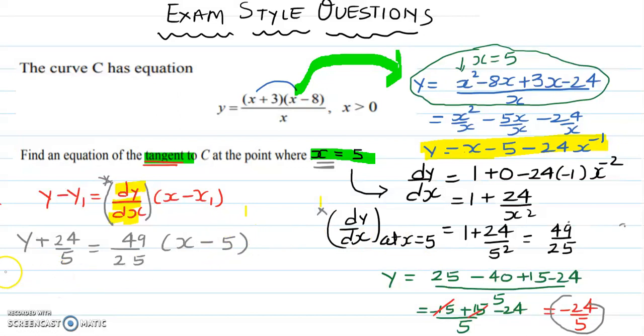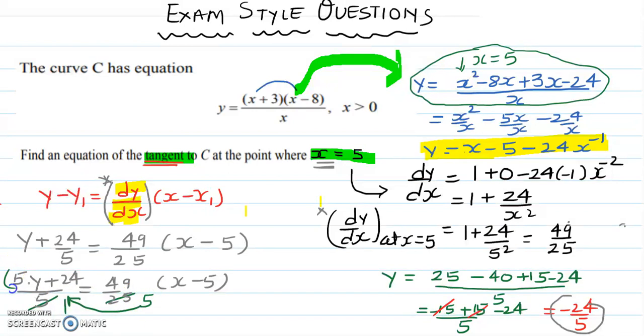If we simplify, it will be y plus 24 over 5 equals 49 over 25 times x minus 5. You can always cancel this 5 times 1 and 5 times 5. If you multiply 5 with the whole bracket, that is 5y plus 24, and 49 here, then this equation comes: 25y plus 120 equals 49x minus 49 times 5, that is 245.